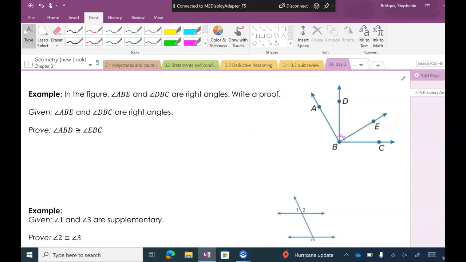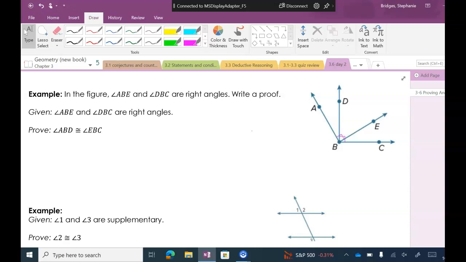Don't let that confuse you. So far, so good? Did we get ABD and EBC in our proof somewhere? Okay, so now what I have to do is try to see about getting them on opposite sides of the equal sign so that I can then say that they're congruent, hopefully.